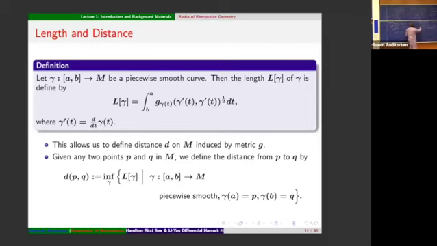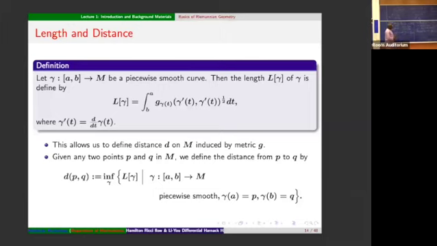Most importantly, you can also find that d(P,Q) equal to 0 implies that P equals Q. So with these properties, if you put this distance that we define on a manifold, the manifold becomes a metric space.